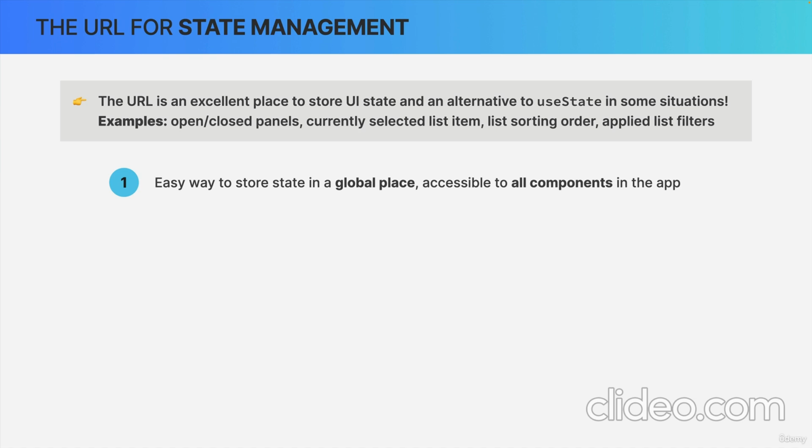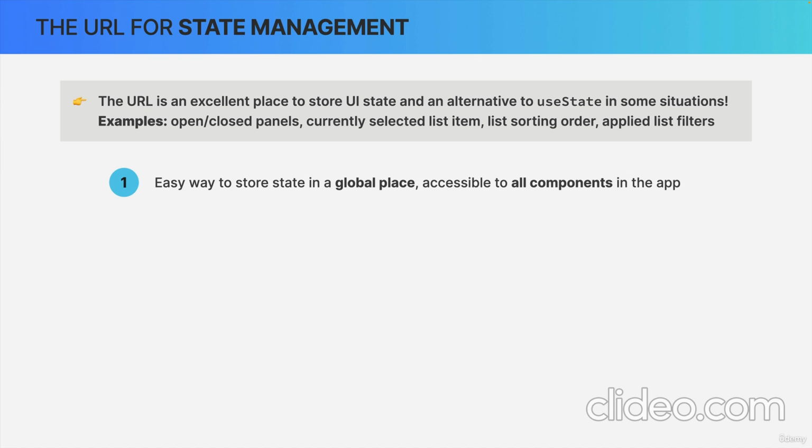So before, if we wanted state to be accessible everywhere, we would have to store it in a parent component and then pass it all the way down to all child components using props. But if we place state in the URL, we can easily just read the value from there wherever the component is in the component tree. So basically, we can move some state management from React to the URL.